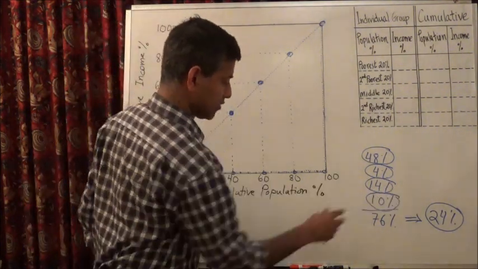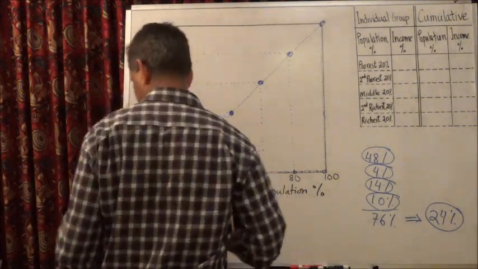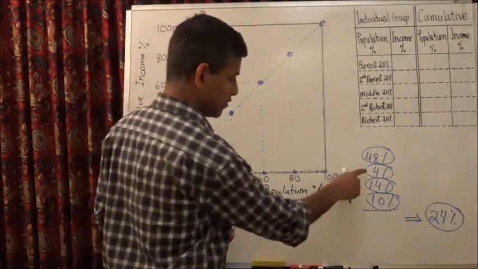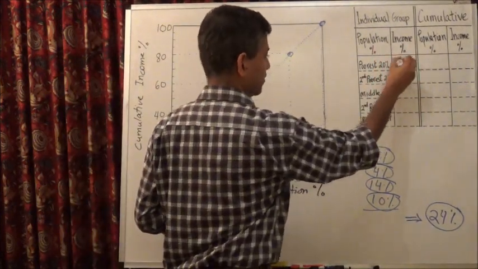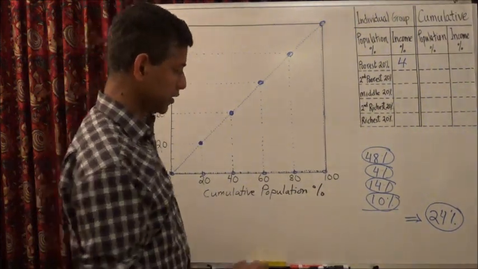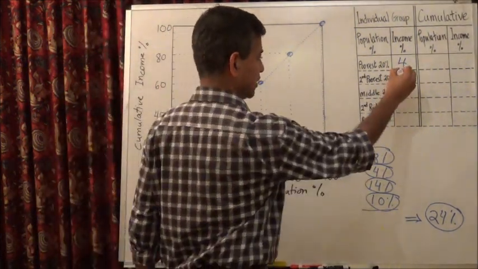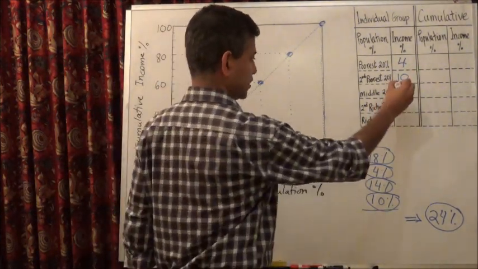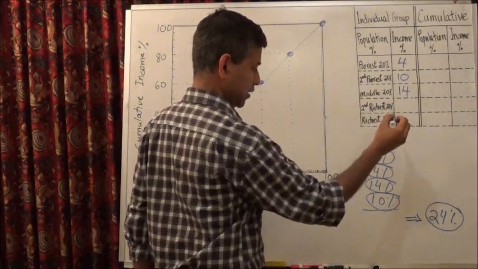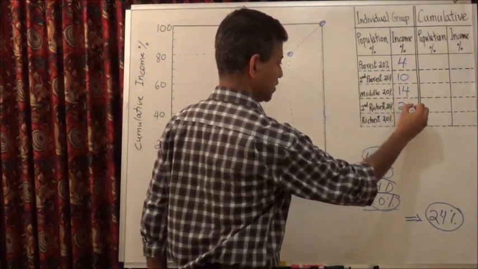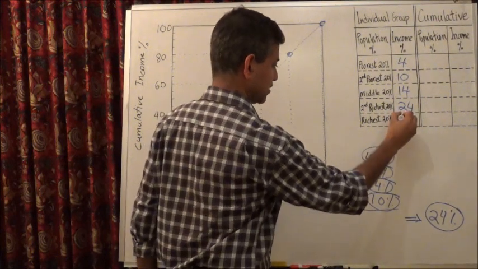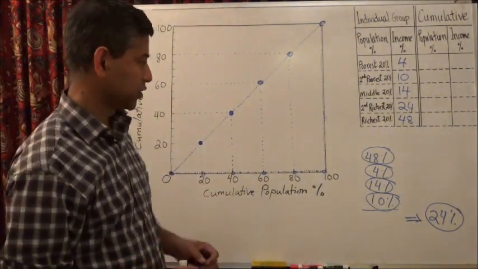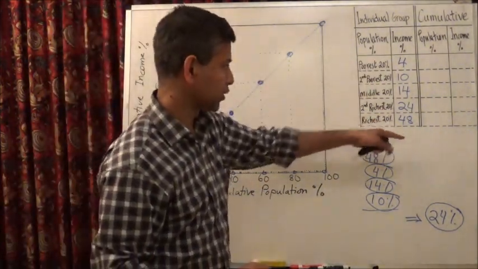Looking at these 5 numbers, the lowest is 4%, so that is the income share for the poorest quintile. The next lowest is 10%, the second poorest quintile, then 14%, then 24%, and then 48%. That's the richest group. These income shares add up to 100.